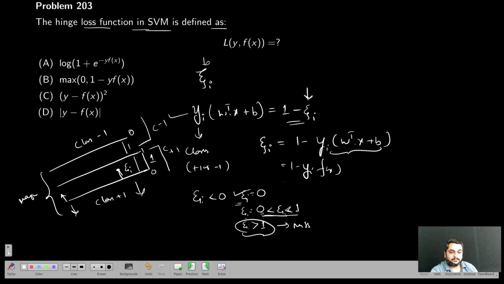If it is equal to 0, then it belongs somewhere here. This is no violation. This is violation but still accepted because it is on the correct side of the margin. If it is greater than 1, that means it belongs somewhere here or here, so it is on the wrong side of the margin. That is the meaning. So it can take 0 to 1 minus this value. So this is the correct answer.